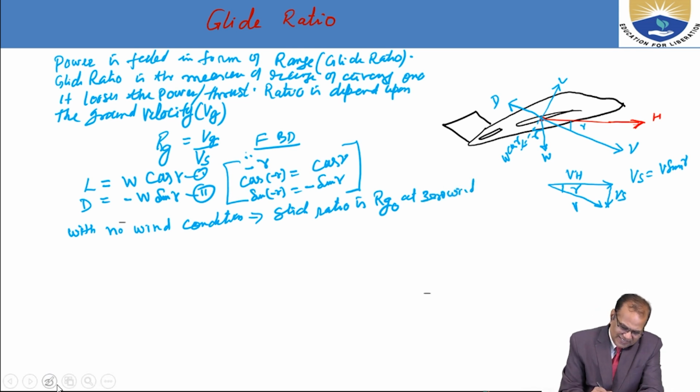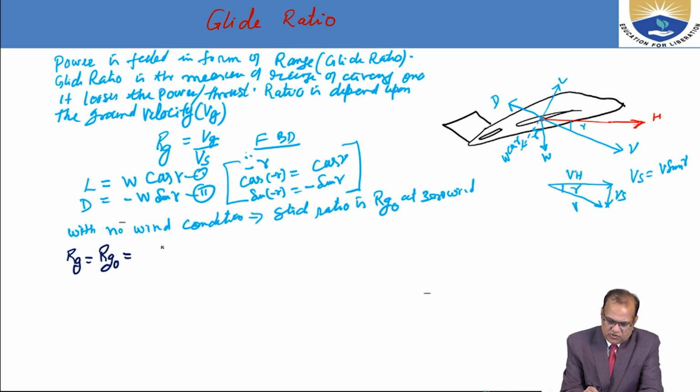So we can write Rg naught at zero wind is equal to V cos gamma divided by minus V sine gamma.